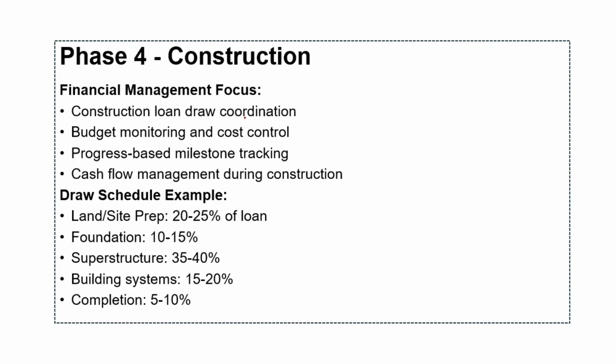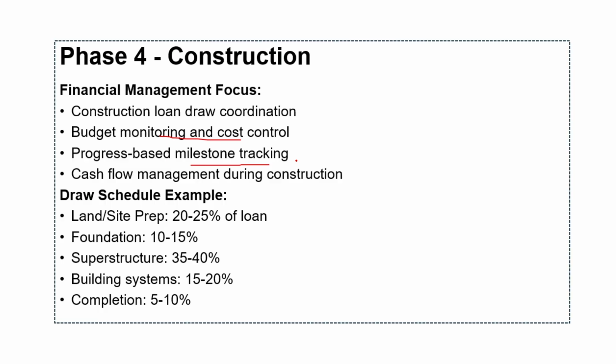We have budget monitoring and cost control, which requires continuous tracking of actual cost versus budget projection. Early identification of cost overruns enables corrective actions before problems become unmanageable. Progress based milestone tracking aligns financial draws with construction completion, and lenders typically release funds based on the verified construction progress rather than time-based schedules.